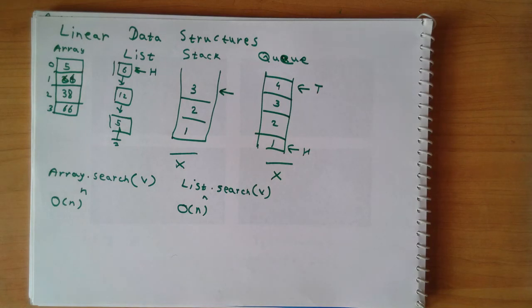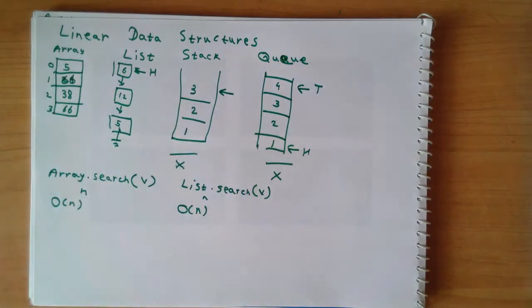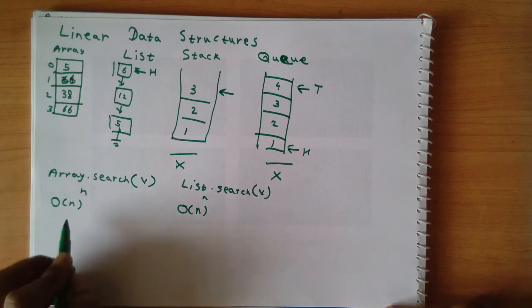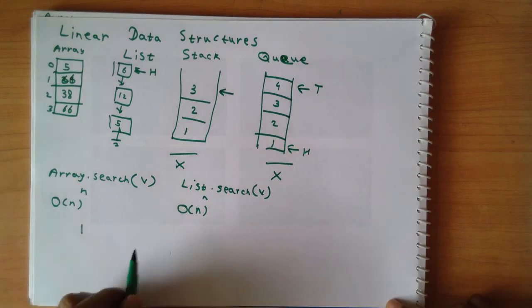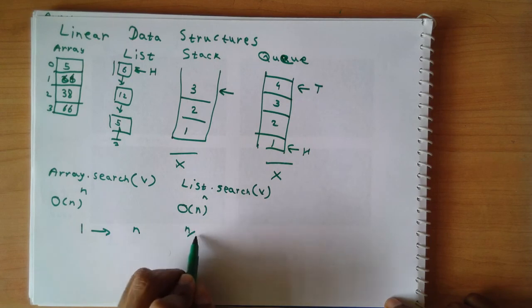That is possible if I read a particular value in my input, and I can declare that a certain part of my input is now irrelevant. So if I can eliminate a fraction of my input. For example, I do one operation and my problem size changes from n to n by 2.